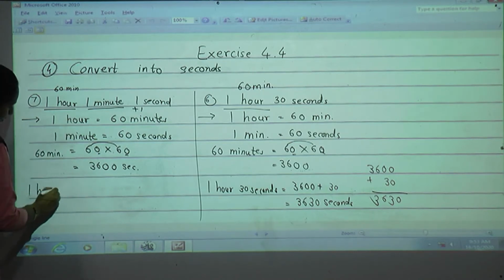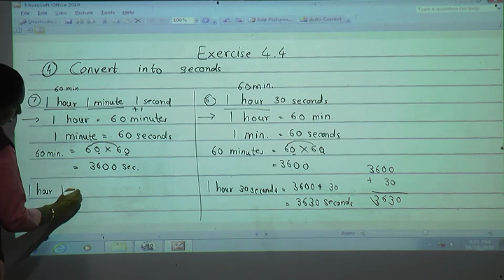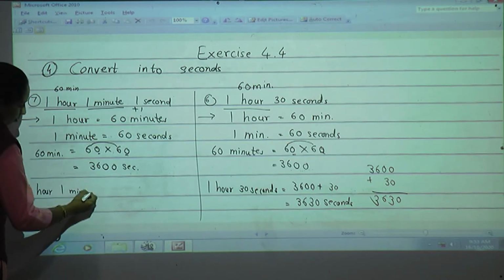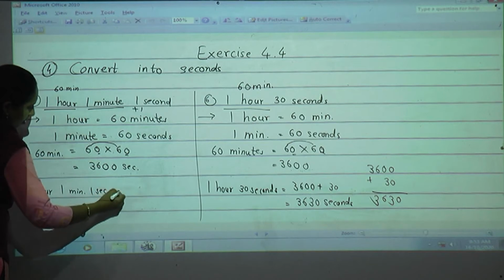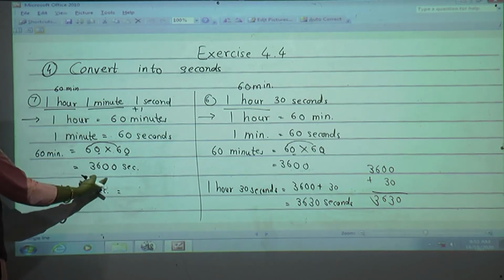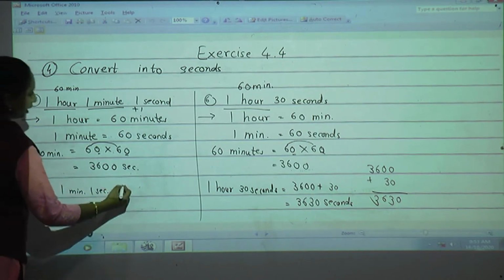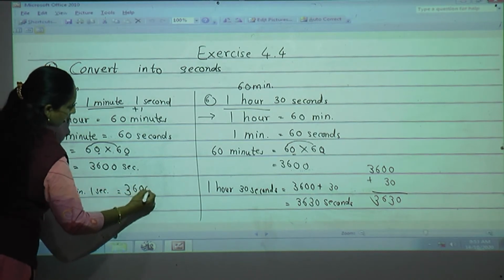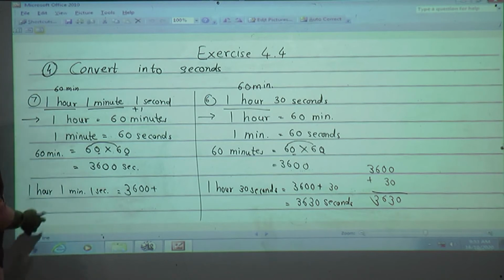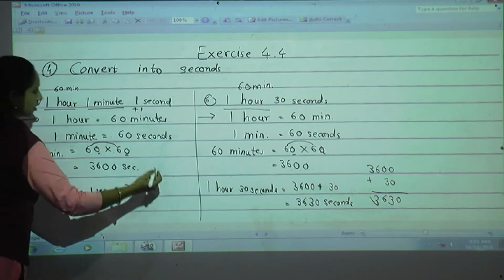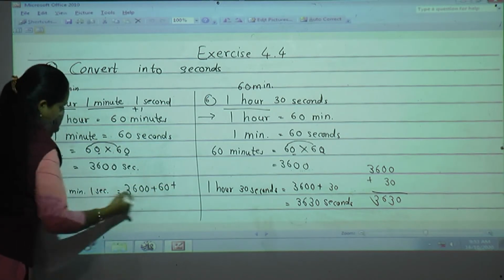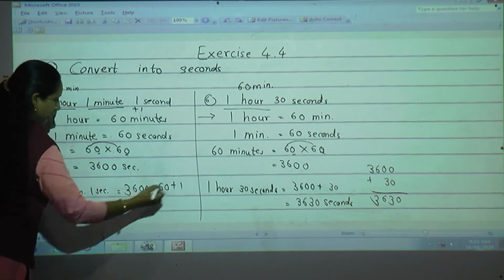Final: 1 hour, 1 minute and 1 second is equals to 1 hour we have found out, that is 60 minutes, converted into 3600 seconds. 1 minute is equals to 60 seconds and 1 second we have to add as it is.